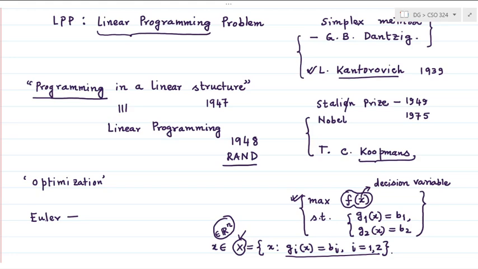I repeat what Euler said: nothing at all takes place in the universe in which some rule of maximum or minimum does not appear. Nothing is there in the world without maximum or minimum.